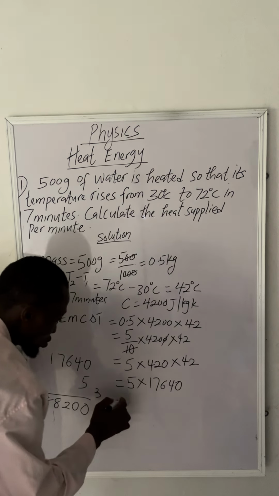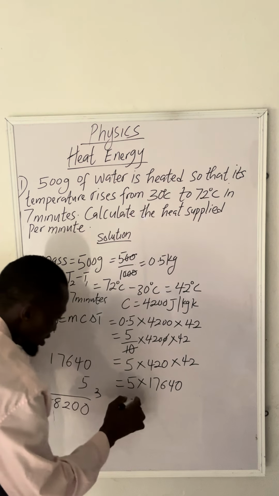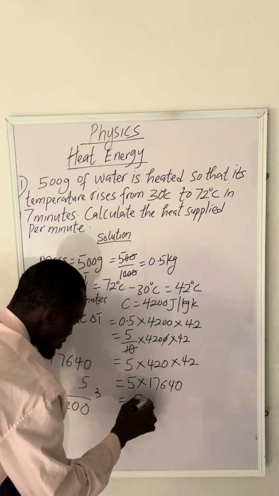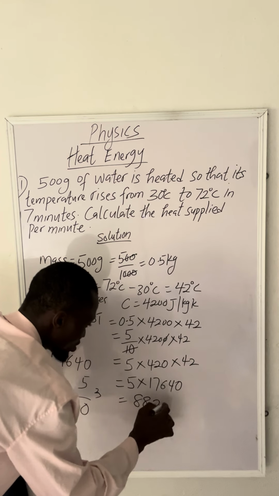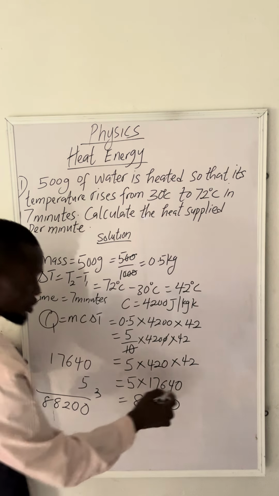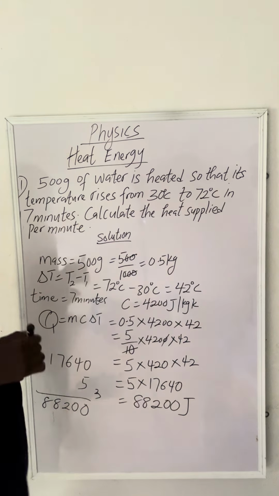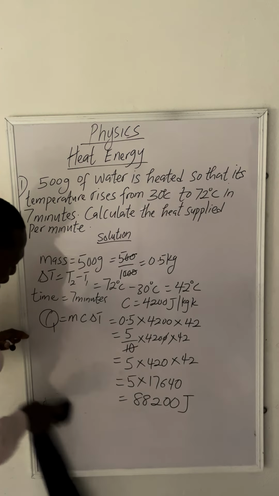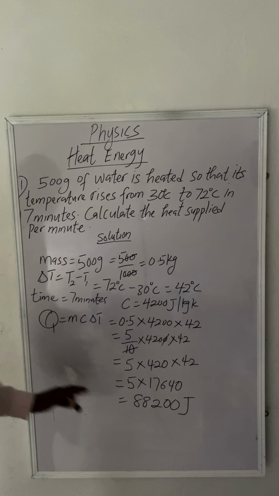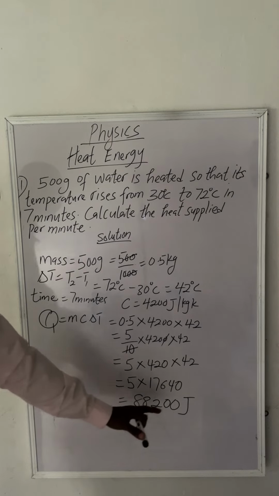So which is going to give me what? 88,200 joules. So meaning that the quantity of heat supplied is actually 88,200 joules.